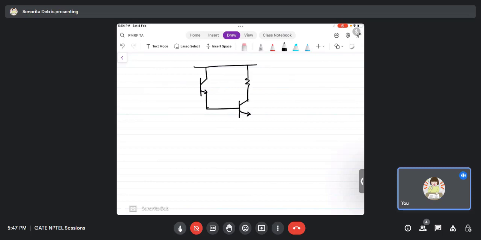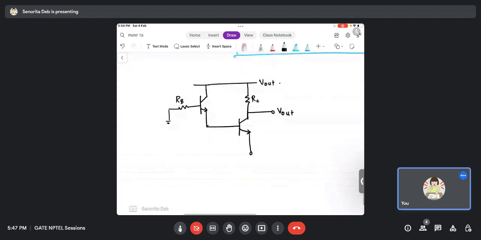So we have two transistors. Can anyone tell me what the configurations are? So the first one, Q1, is a common base, right? Now what is Q2?